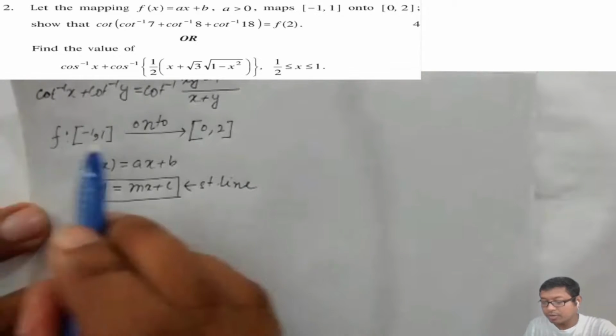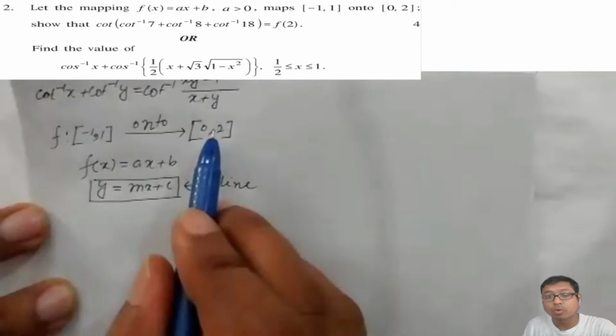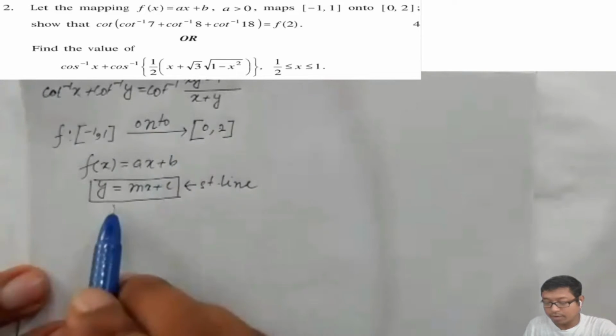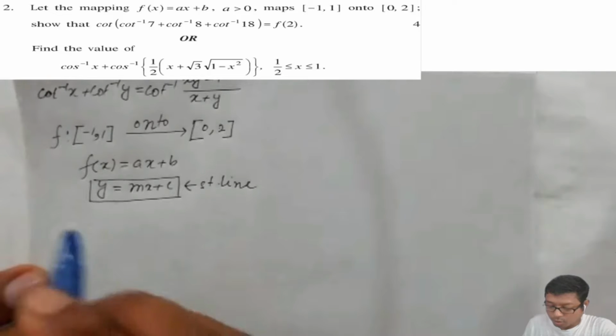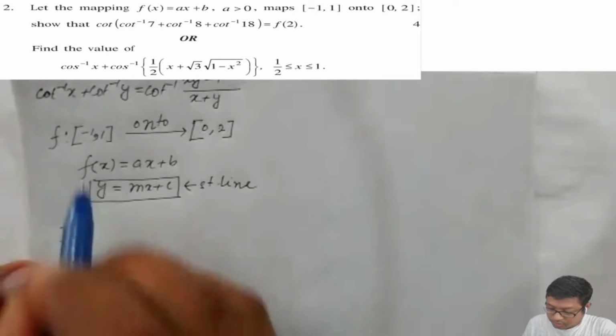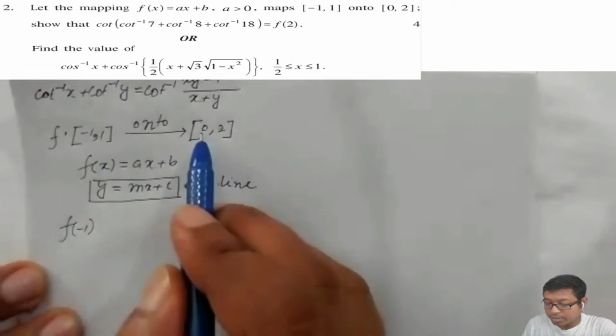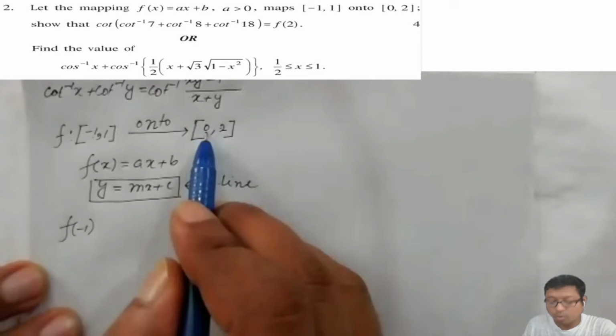If a function is given to be onto, going from a closed interval to a closed interval and defined as a straight line, then always remember that an extreme point of the domain must map to an extreme point of the codomain.